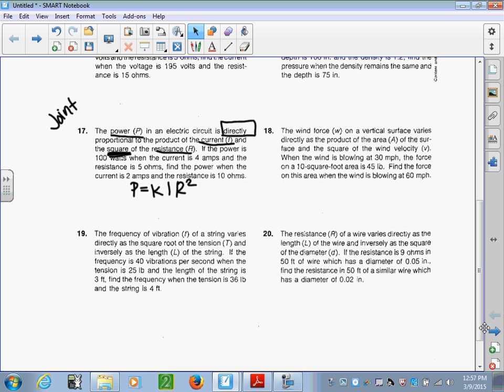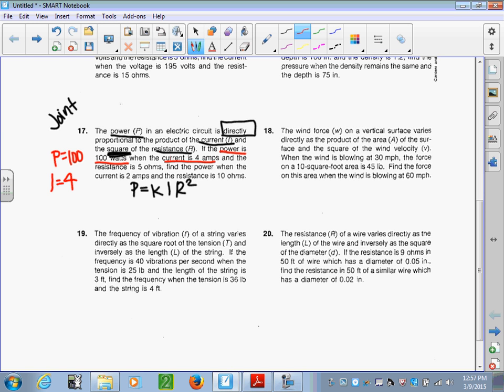So if the power is 100 watts, and we don't have a lot of space here, so I'm just going to write this out to the side. So P is 100. When the current is 4 amps, remember current was I, so I is 4.